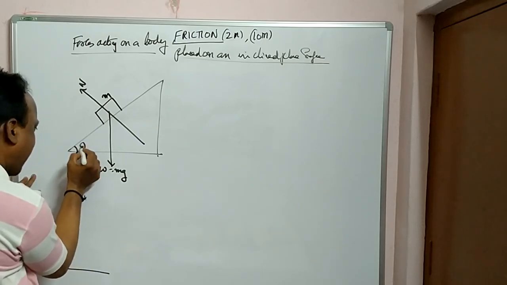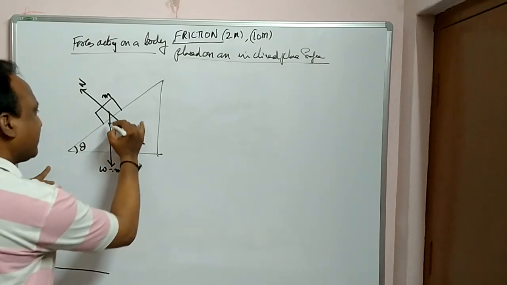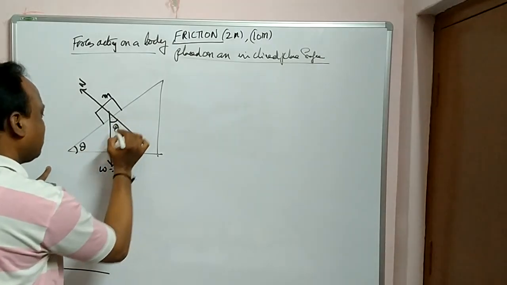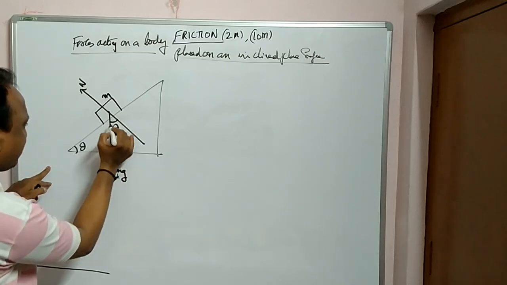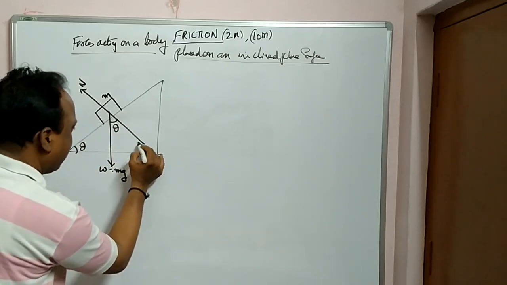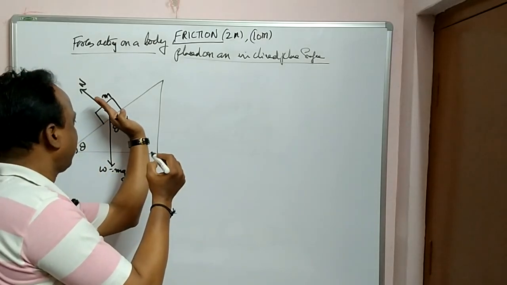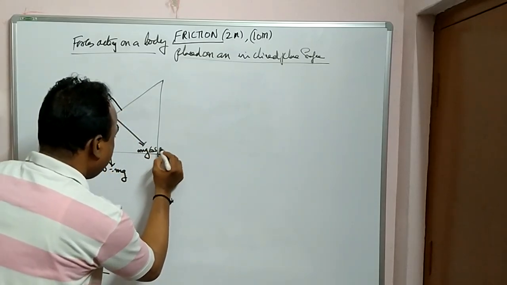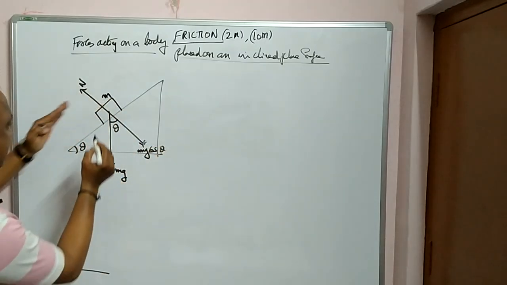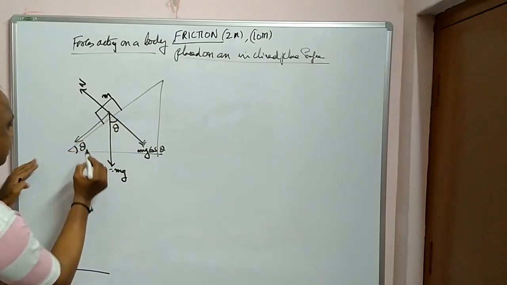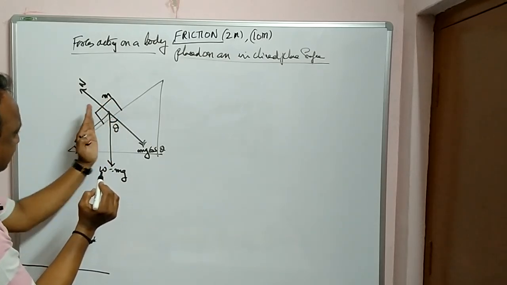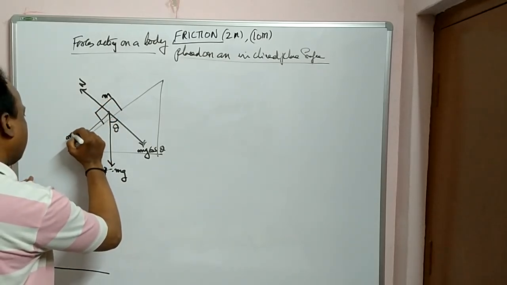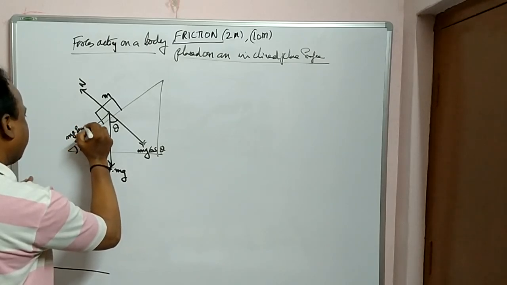Let this be the angle theta of the inclined plane. This is also theta, because this is theta, so this is 90 minus theta. This component is adjacent by hypotenuse, so mg cos theta. This other component is opposite by hypotenuse, so mg sin theta.